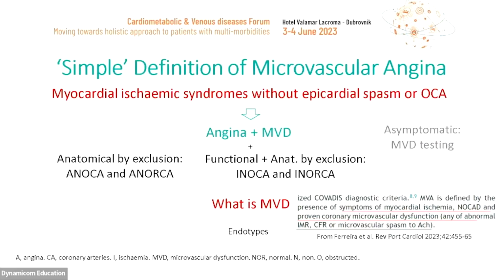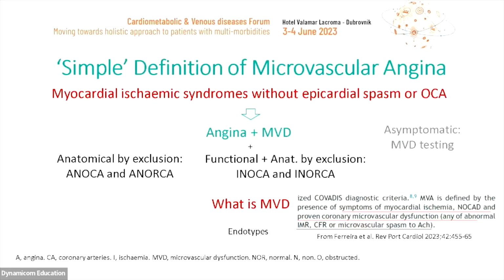And again, you need an anatomical test to exclude epicardial disease and distinguish non-obstructive or normal coronary arteries. You might even have an asymptomatic individual who undergoes some sort of non-invasive testing, presumably, and finds evidence of microvascular disease. So basically, it boils down to how we define microvascular disease in our clinical setting.